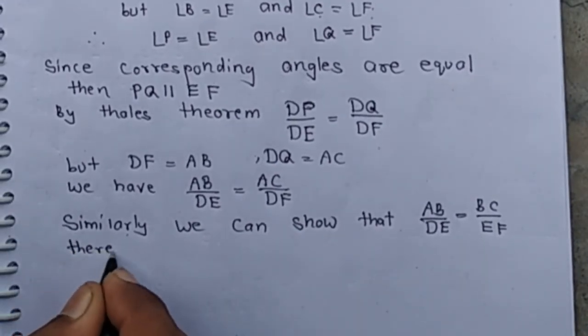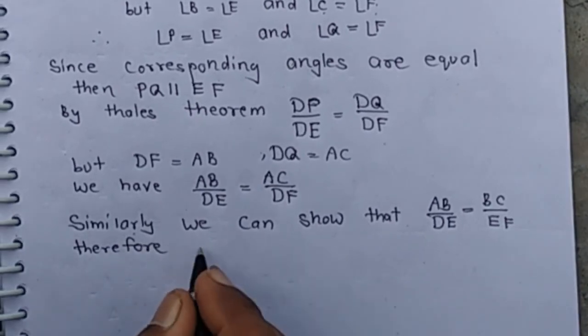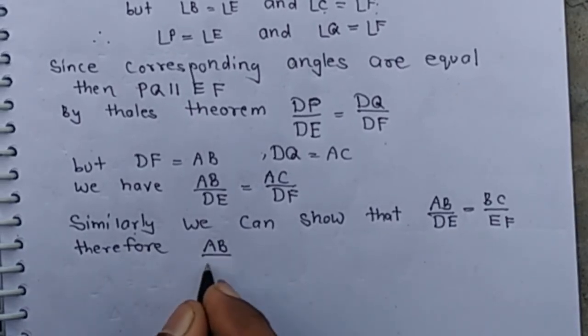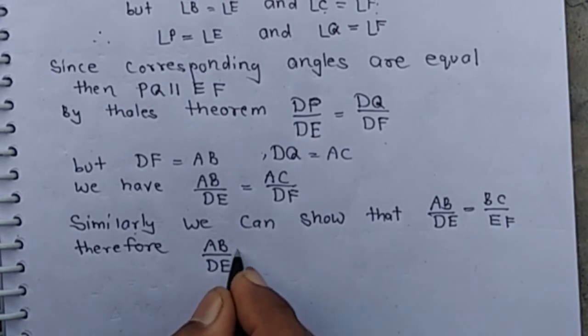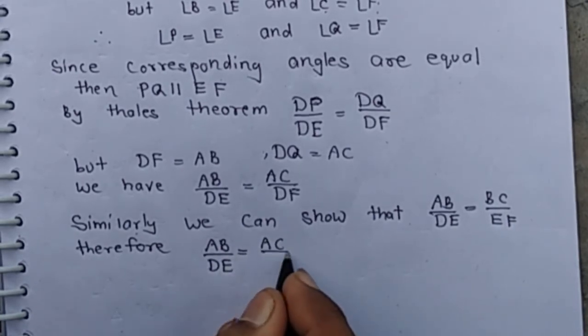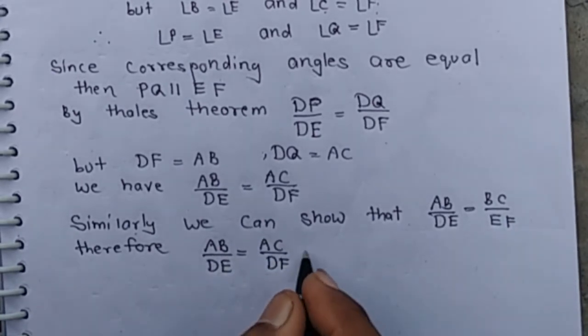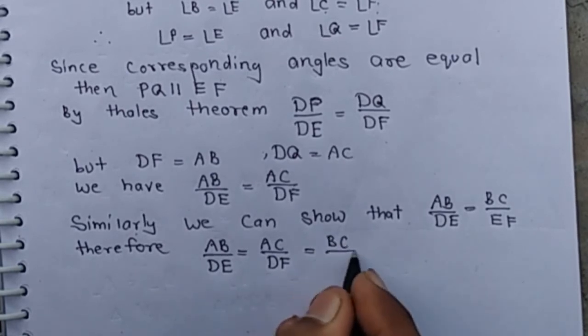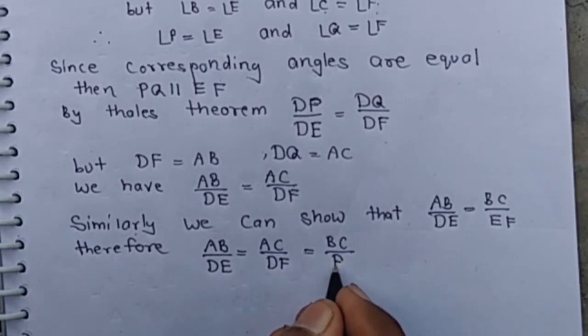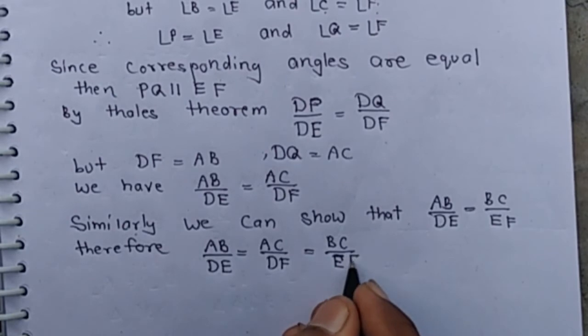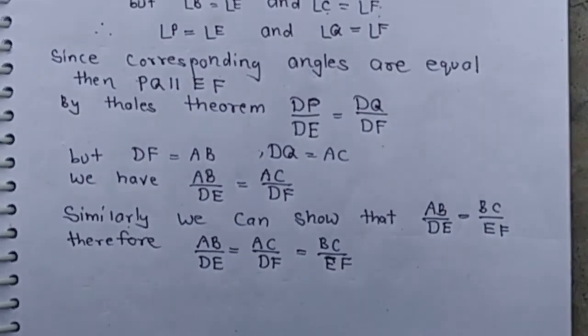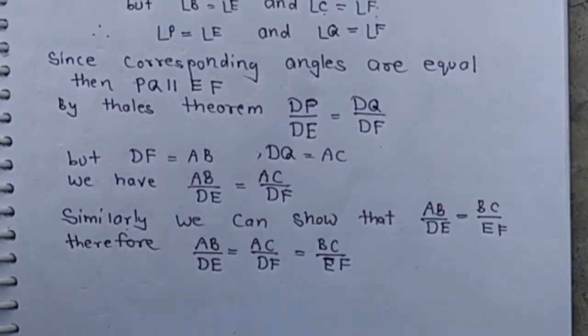Therefore, AB by DE, AC by DF and BC by EF are equal, which means the sides of the triangles are proportional.